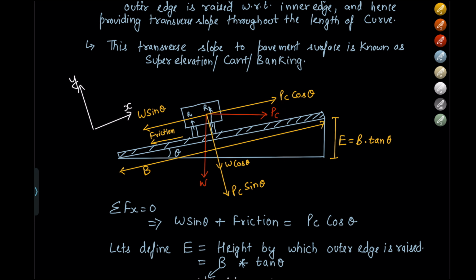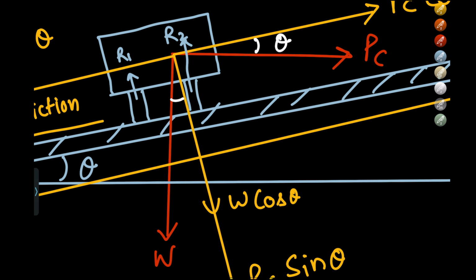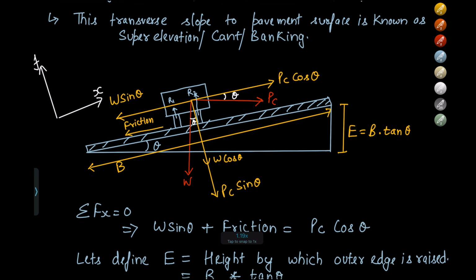The vehicle is moving in the longitudinal direction. Next, the weight of the vehicle is represented by W, and the angle by which the super elevation has been provided is theta. So this theta and this theta would be the same. Let me mark it in the diagram as well. This would also be theta and this value would also be theta.